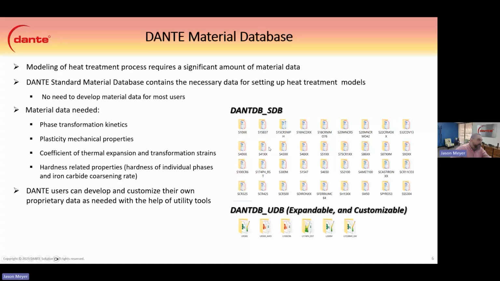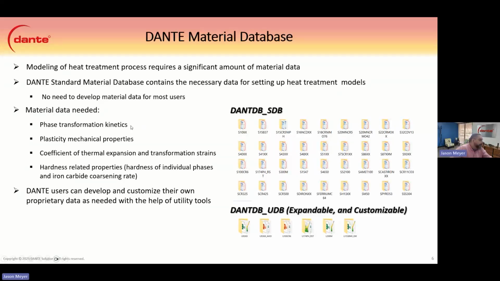And you'll notice some of these materials here have XX next to the name. For this one example, 41XX, it's a carburization grade. So we would have carbon data for 4120, 4140, 4160, and on up to make sure we capture that carbon gradient and the effects that carbon has on the steel.